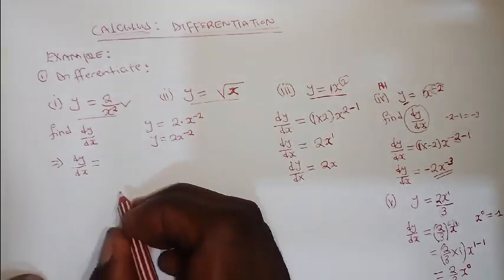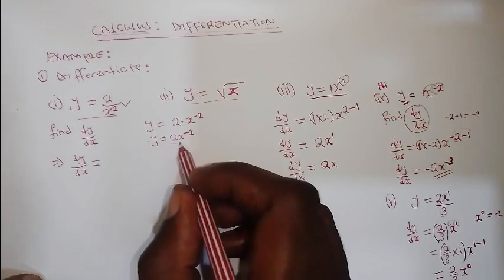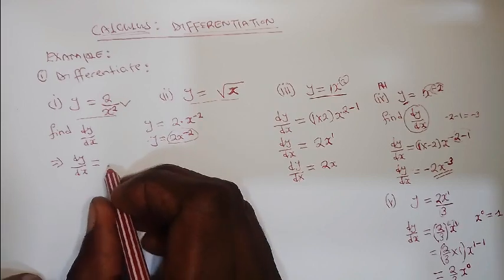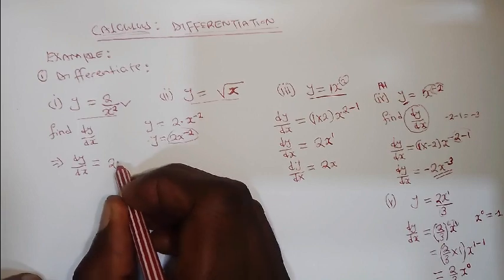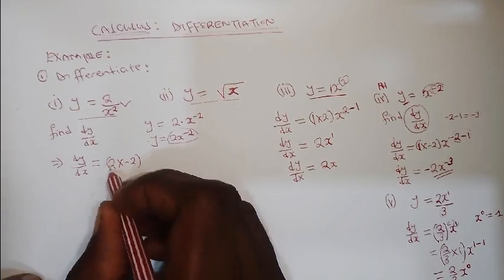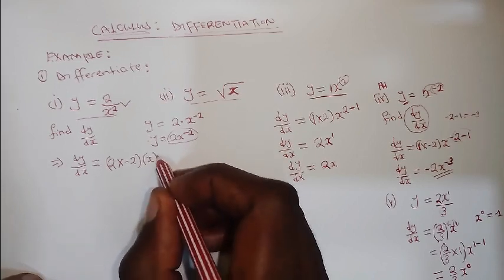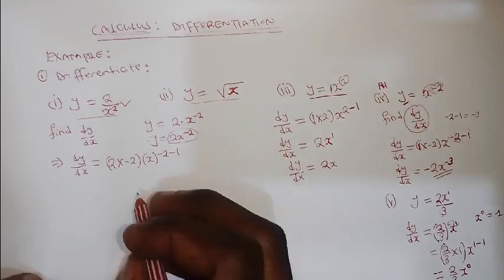So now this is what you can take. So dy dx is going to be this 2 multiplied by negative 2, and you bring this down, x to the power negative 2 minus 1.